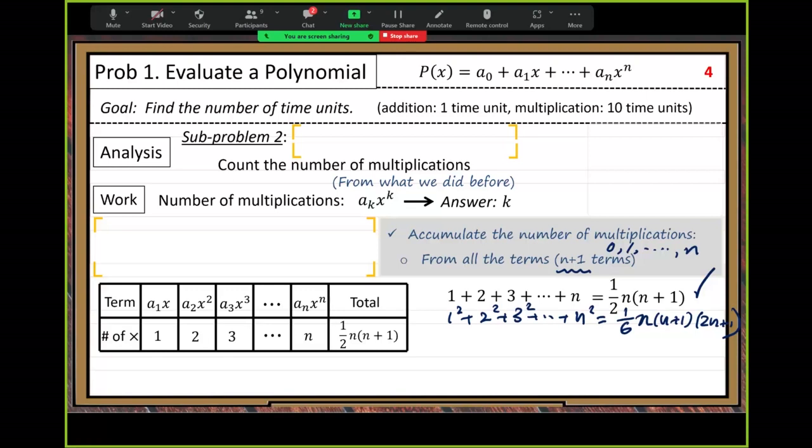Then next step, after we get the number of multiplications, we want to convert it to the total units of time. Remember our assumption in the previous slide, number of units.